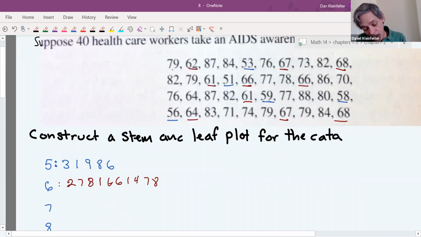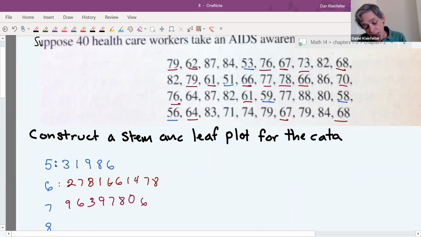So for the 70s, there's 79, and then 76, then 73. Second row, we've got another 79, then 77 and 78, then a 70. Then third row, we have a 76.